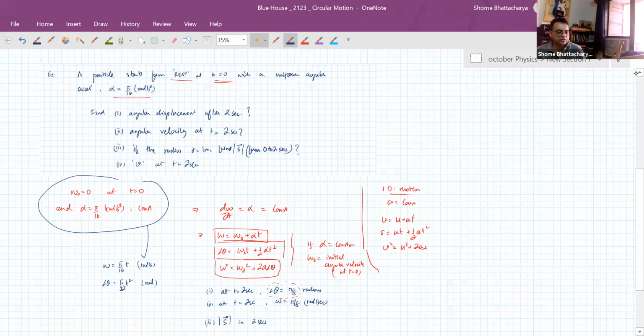So yes, you will get a tricky kind of answer. But whatever the answer is, it will be less than the radius. It will be less than 1 meter.